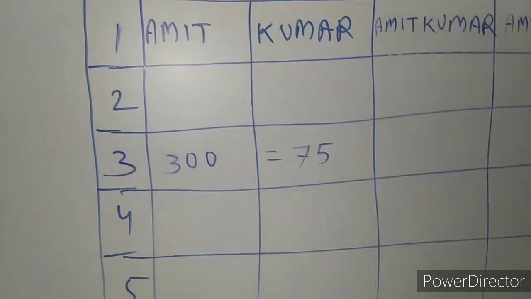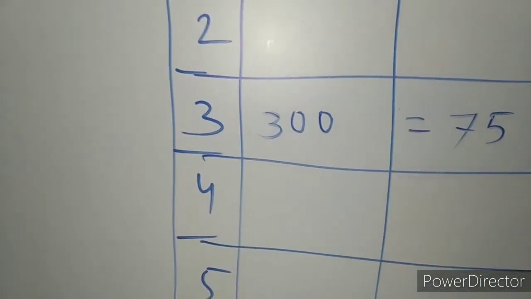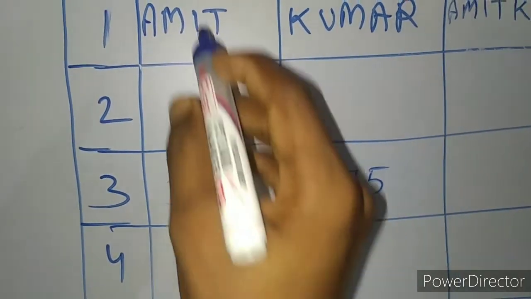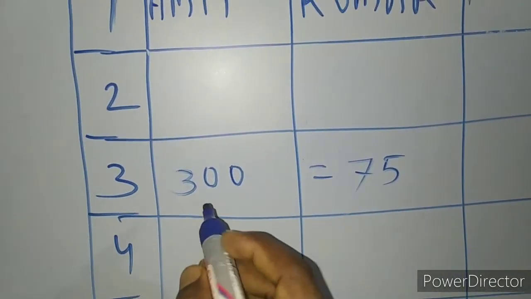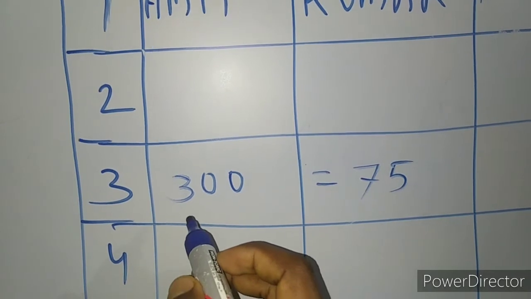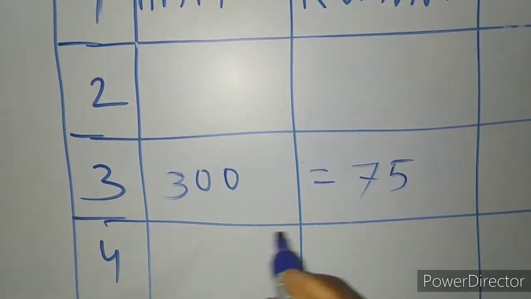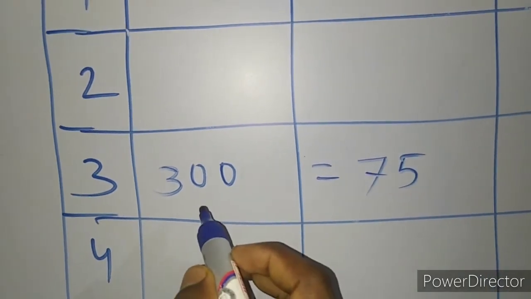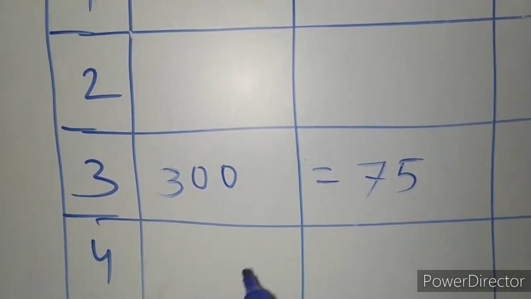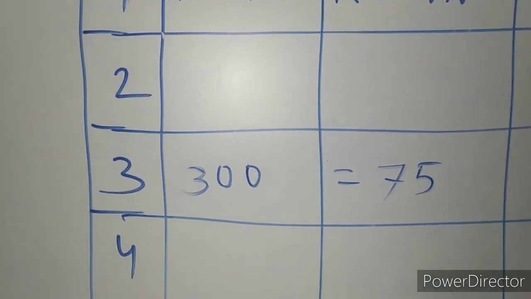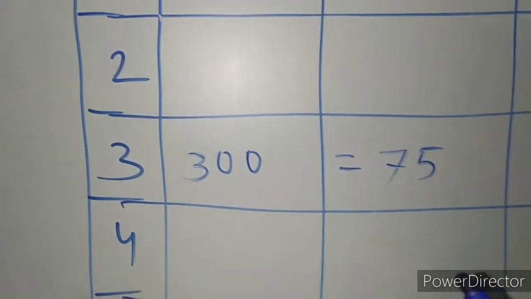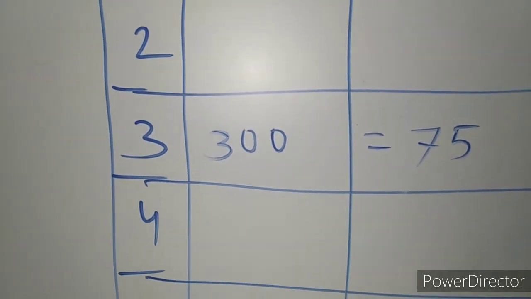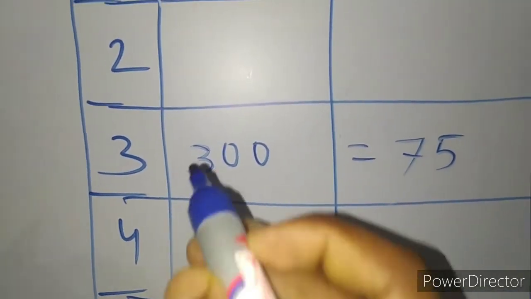Here is one use of the numerical formula. Suppose Amit scores 300 marks in his exam out of 400. The total marks is 400, and Amit scores 300 marks.